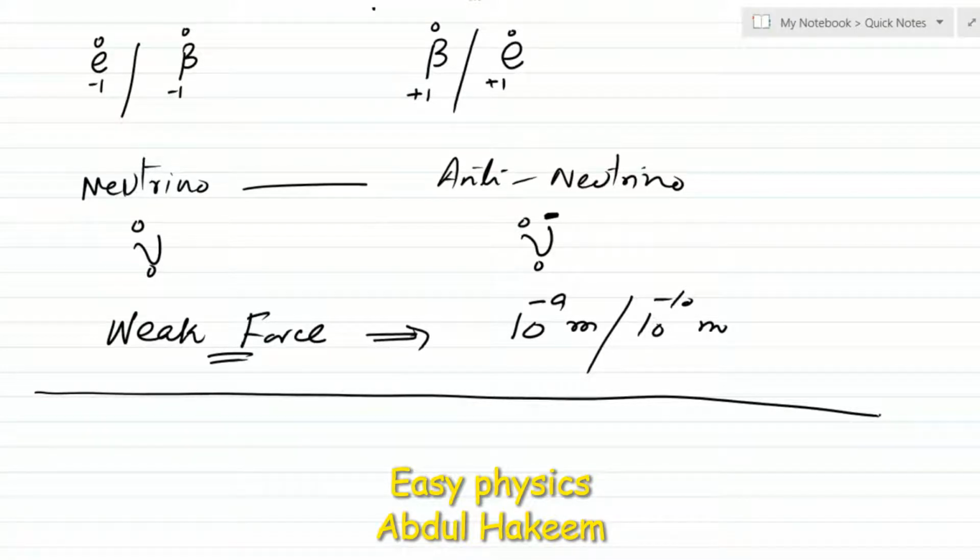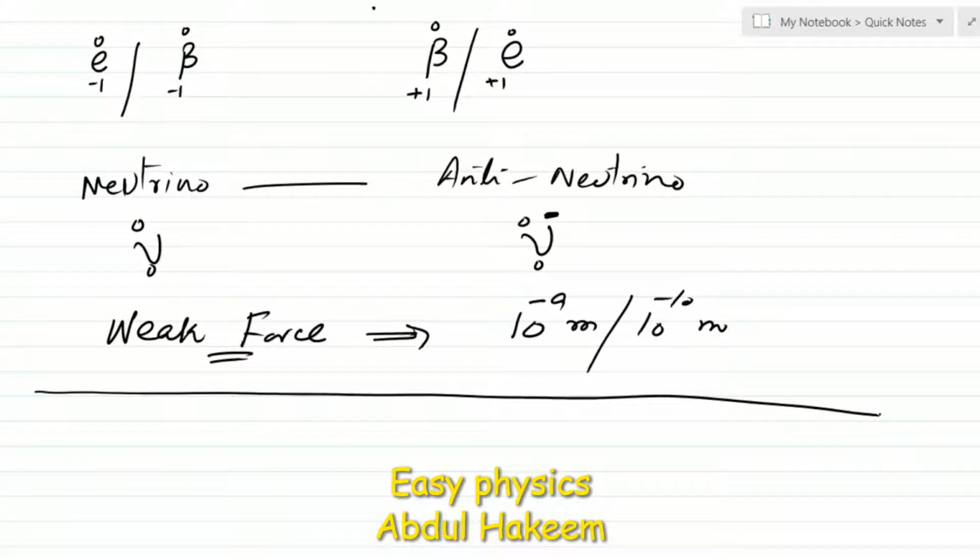Hadrons are under the effect of the strong force, and the leptons are under the effect of the weak force. Leptons are fundamental particles because there is no further division. They are considered basic fundamental particles. Each particle has its antiparticle: electron, positron, neutrino, antineutrino.